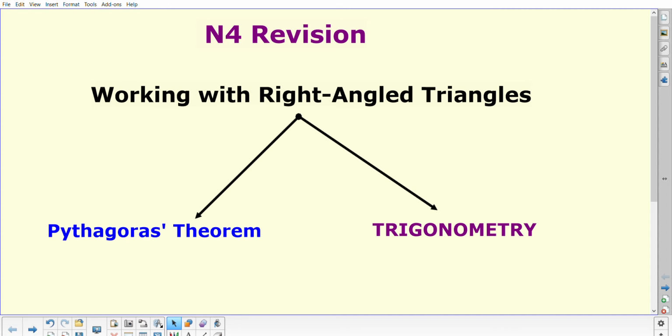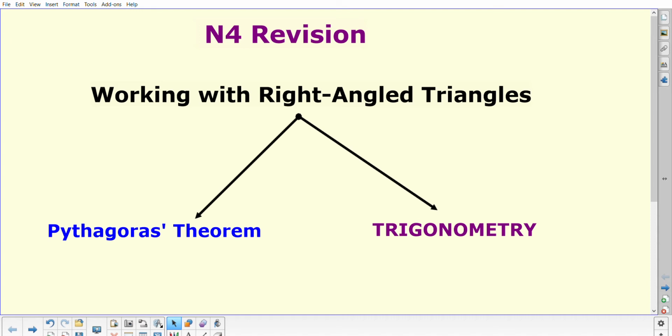So we're going to have a look at the work that we did in National 4 on working with right-angled triangles. You have previously met Pythagoras' theorem and also met trigonometry, which you have learned to use with right-angled triangles.